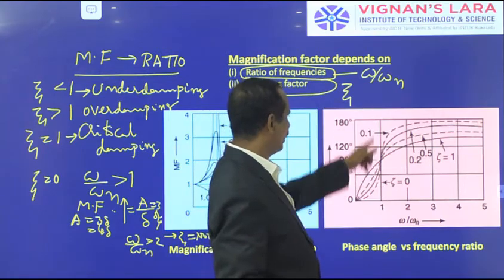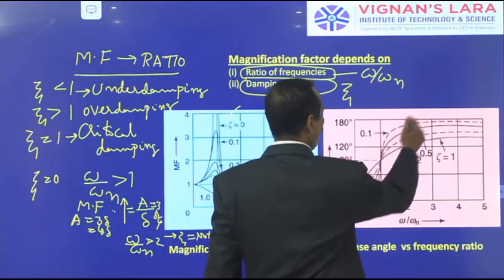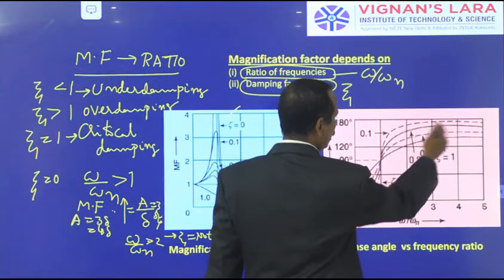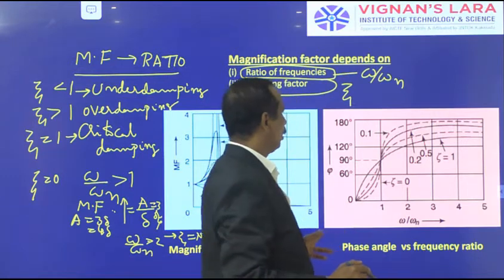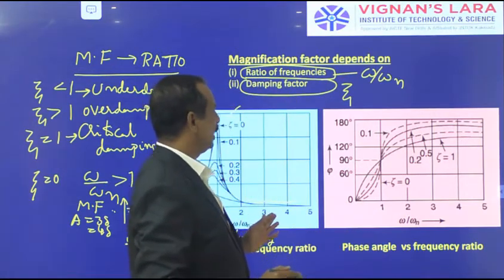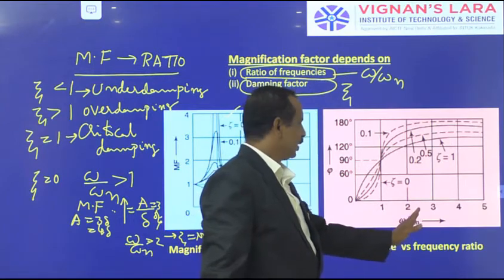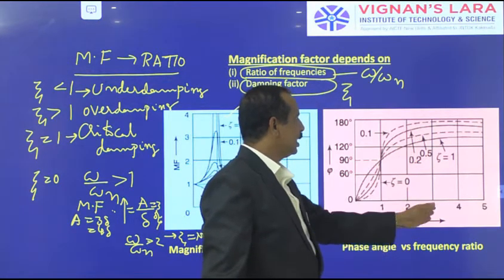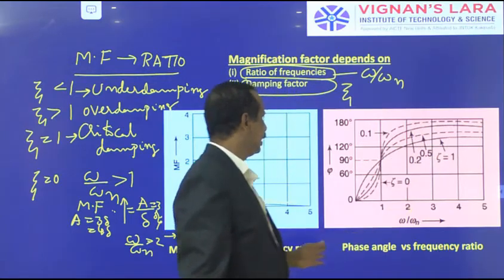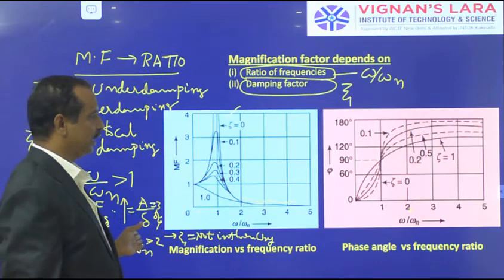Zeta 0 is like a straight line. Once you see higher frequencies, where omega by omega n is around 2, zeta is not influencing anything, either in the phase angle or in the magnification factor.